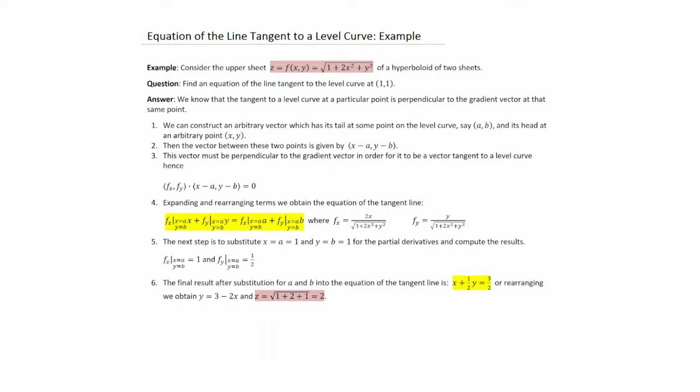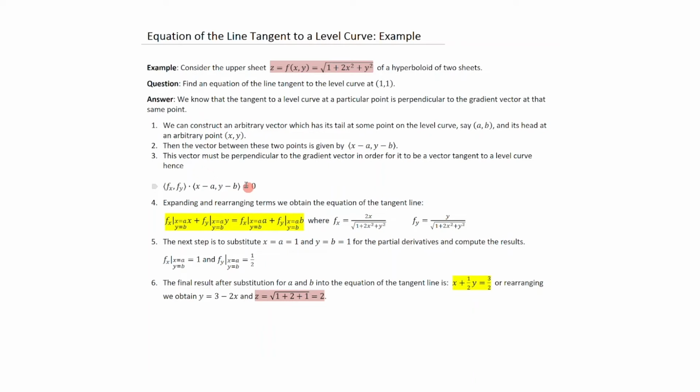And the vector between these two points is just the difference between the coordinates. So you end up with a vector (x minus a, y minus b). And we're imposing a condition that this vector be perpendicular to the gradient vector in order for it to be a vector tangent to a level curve. Hence, taking the dot product and setting it to 0, we end up with this expression here. All right, so the next thing we do is we expand this out and rearrange terms.